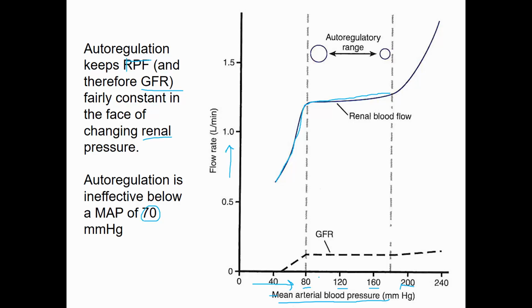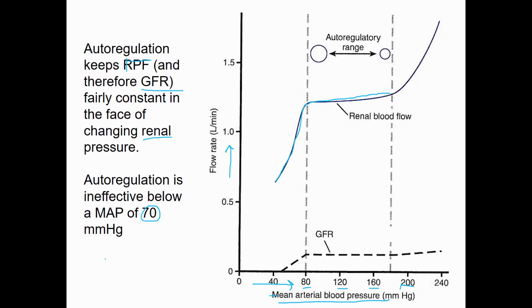How can we be increasing the pressure gradient but keeping the flow fairly constant? The only way to explain that is resistance is increasing. So autoregulation is a process by which the afferent arteriole constricts, increasing renal resistance so that the flow doesn't go up.